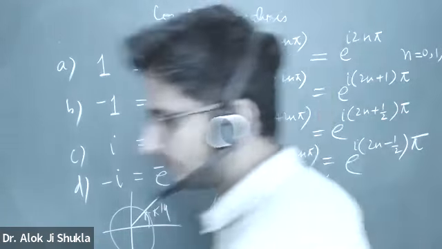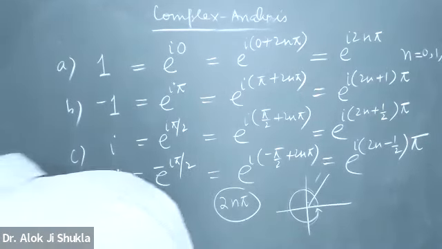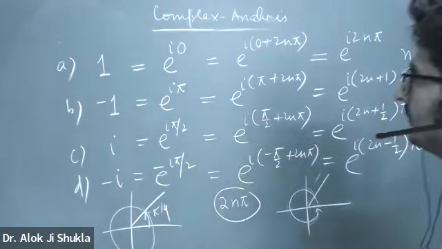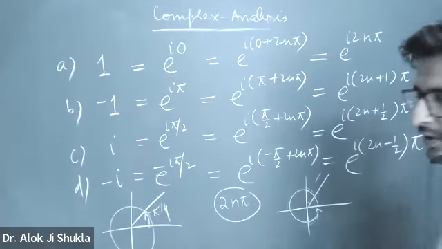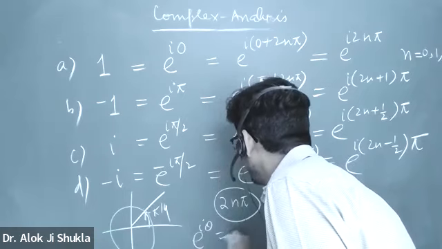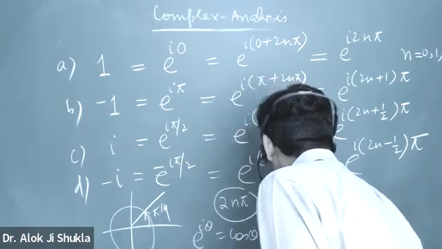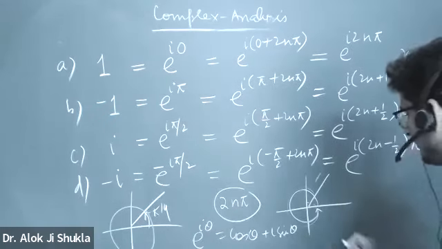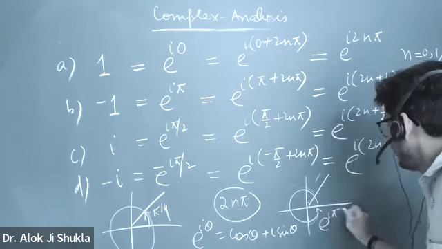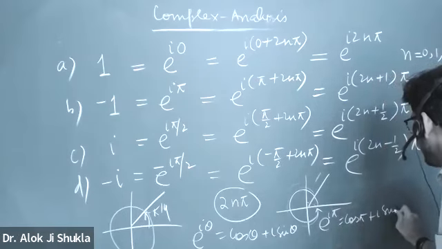Does anyone else have any doubt? Sir, this -1 equal to e to the power iota pi that you wrote, is it a formula? No formula. I told you Euler's equation. E to the power iota theta is cos theta plus I sin theta. E to the power iota pi will be cos pi plus I sin pi.